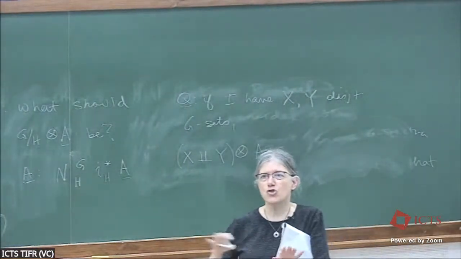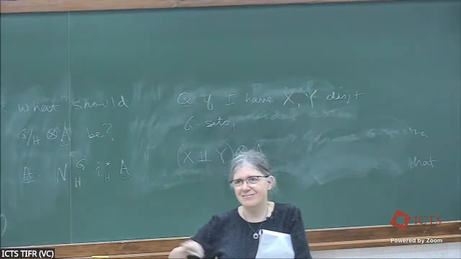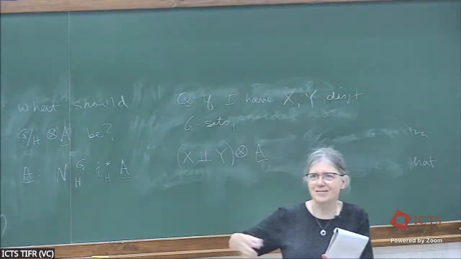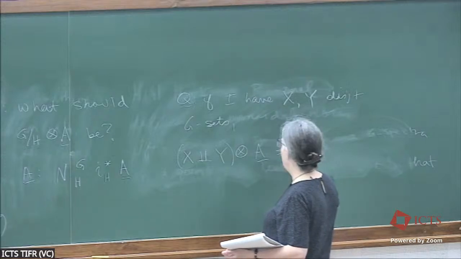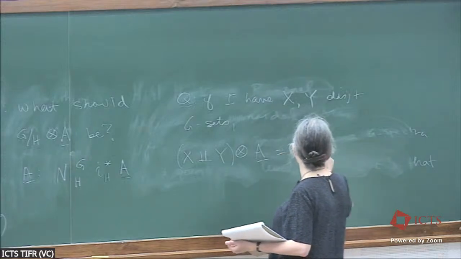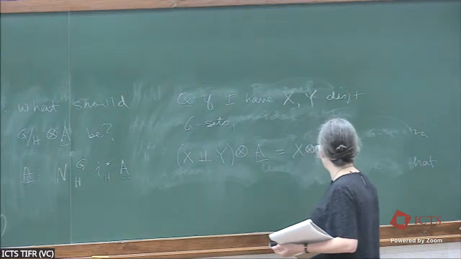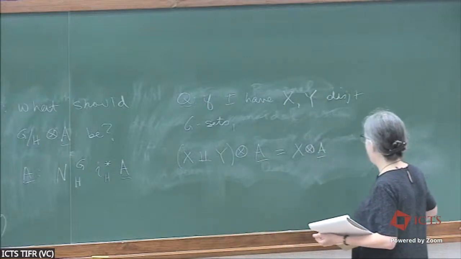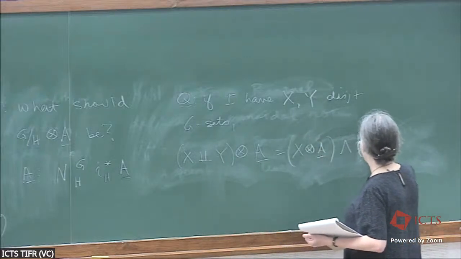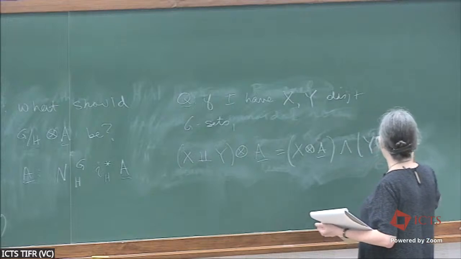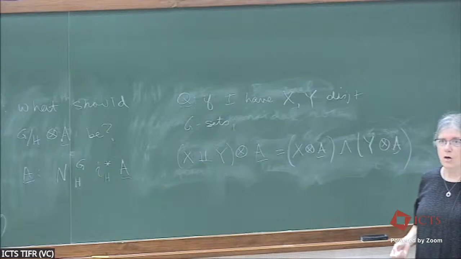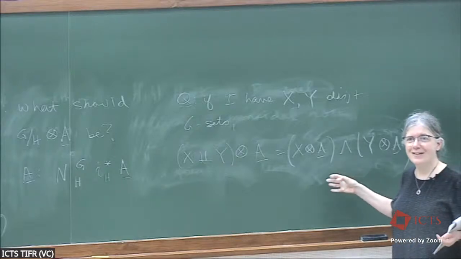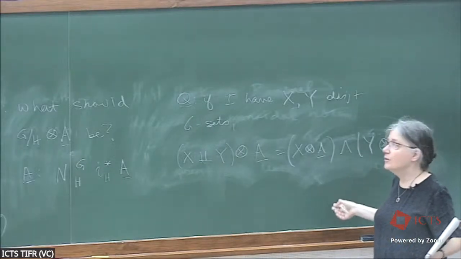Well, if I have two disjoint G sets, the G thing really doesn't put them together in any way. So presumably I should have X tensor A smash Y tensor A. So hopefully the hand waving made you think these are reasonable definitions.